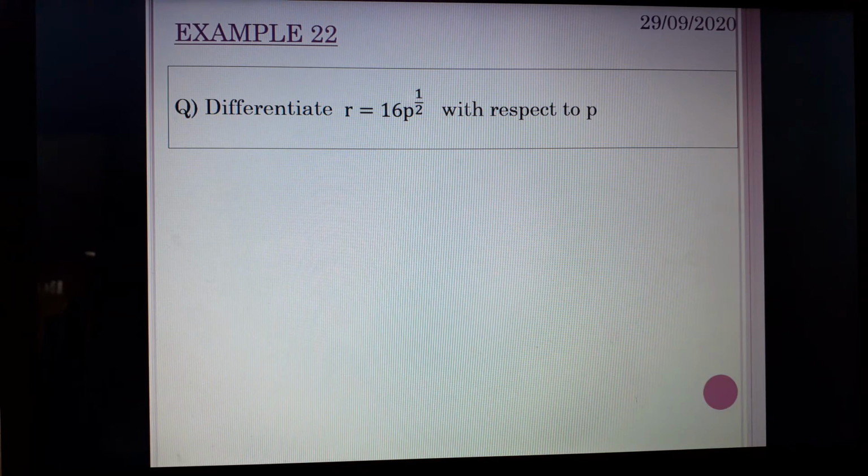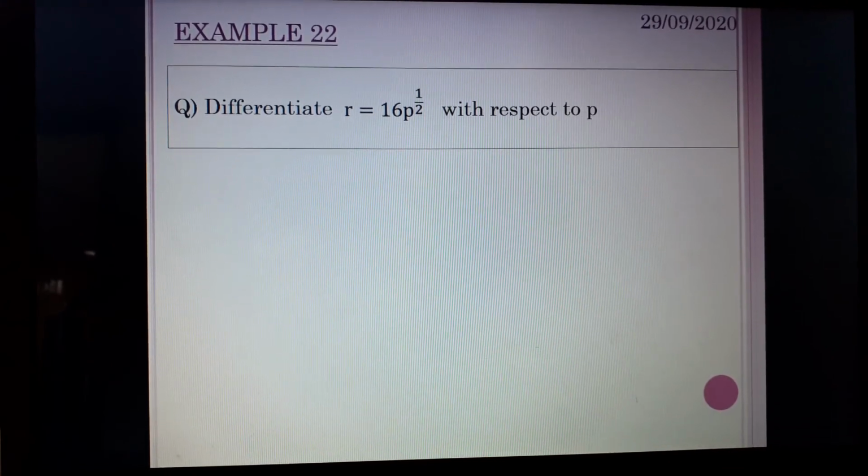And this time we're going to write to differentiate r with respect to p. So we are going to write it as dr by dp, the difference of the r's with respect to the difference of the p's. We've got to use the letters that are given in the question.